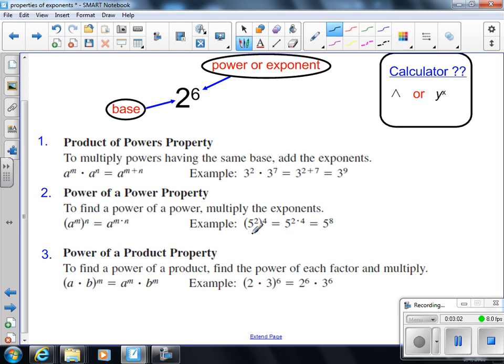I have 5 to the second power, that quantity raised to the fourth power. In other words, whatever 5 to the second power is, what is 5 to the second power? 25. I'm going to take that to the fourth power. Or it's the same thing as 5 to the 8th power, multiplying 2 times 4 to get 5 to the 8th power.